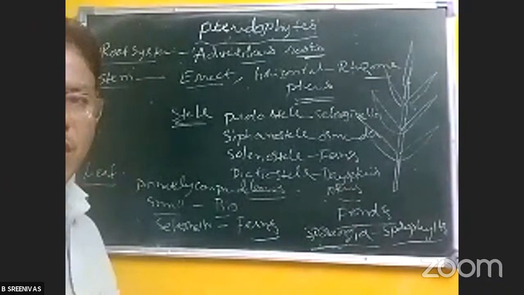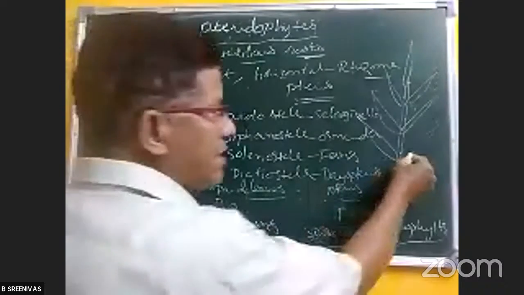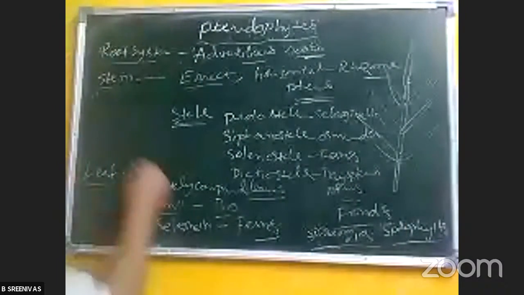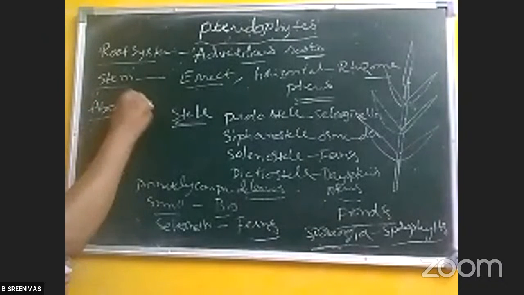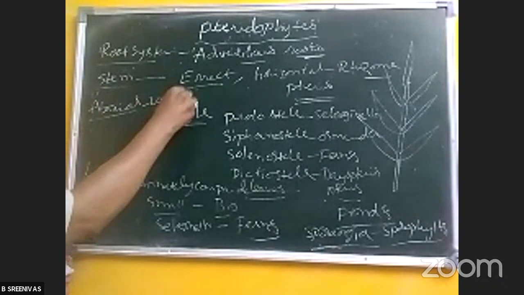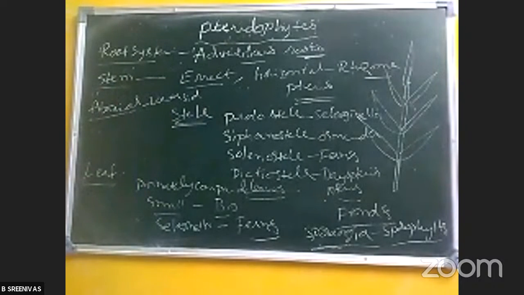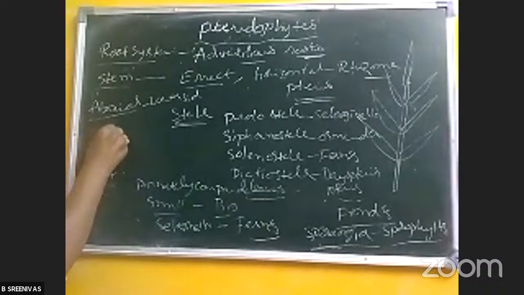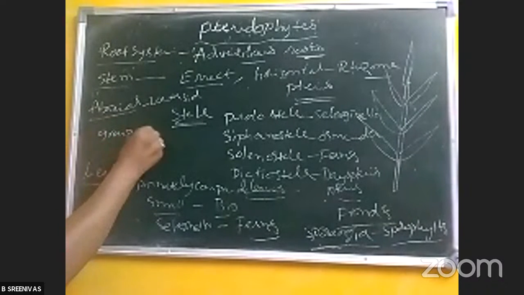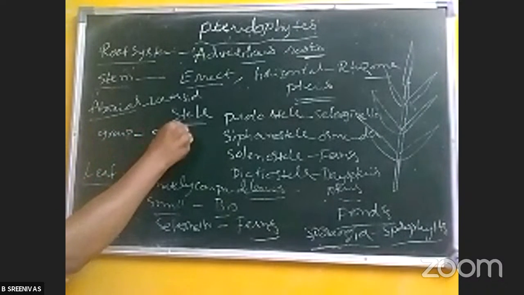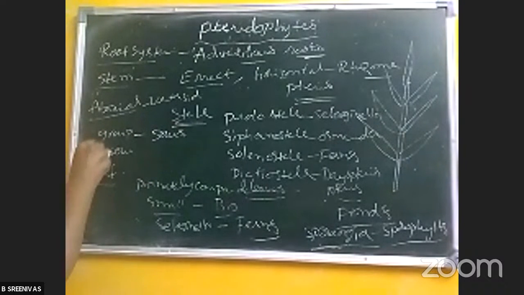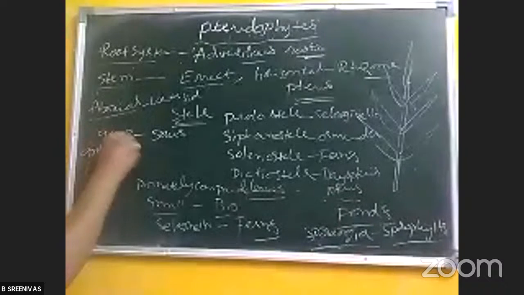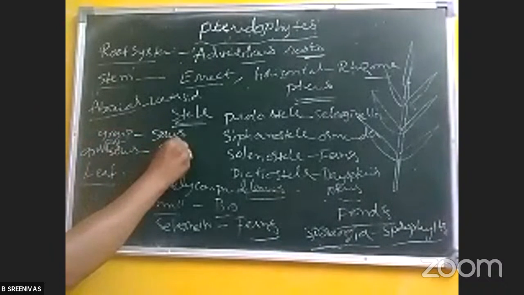Where are the sporangia present? On the abaxial side. Abaxial means what? Lower side. Sporangia are present, and these sporangia are present in a group. A group of sporangia is called a sorus. A group of sorus is called sori.